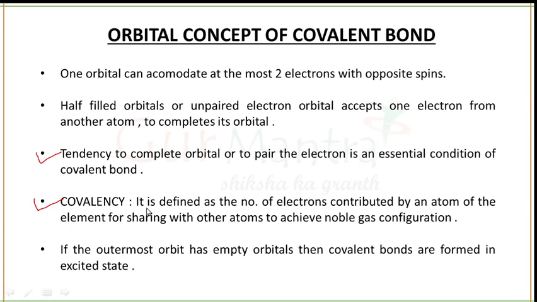This is your covalency. It is defined as the number of electrons contributed by an atom of the element for sharing with another element to achieve noble gas configuration. If the outermost orbit has empty orbitals, then covalent bonds are formed in the excited state.